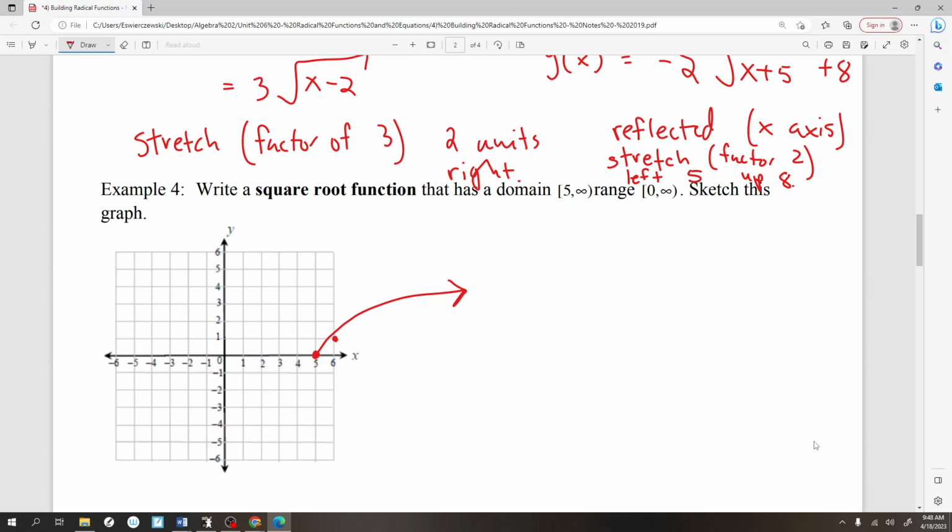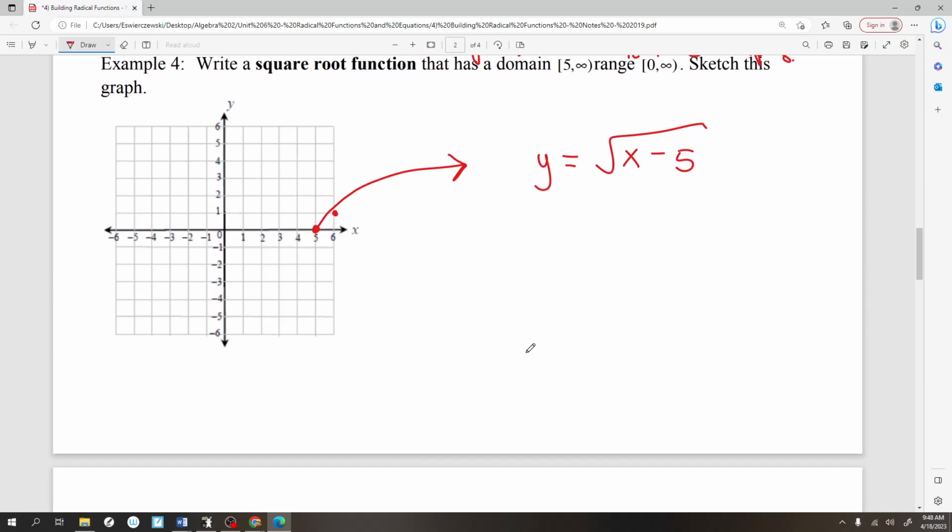So that would mean the starting point is 5 units to the right, so that means the radicand would be something like x minus 5, and that's it. It would not be shifted up or down, so we'll just say y equals the square root of x minus 5.